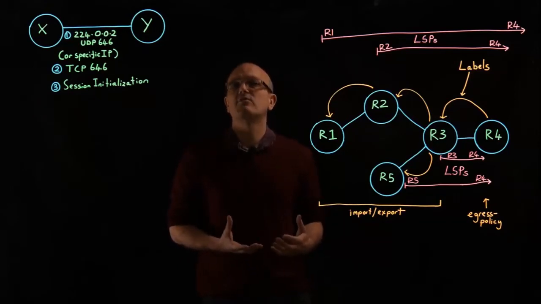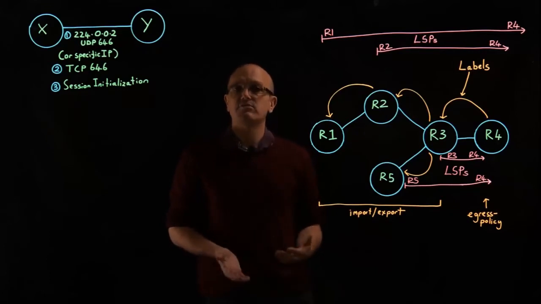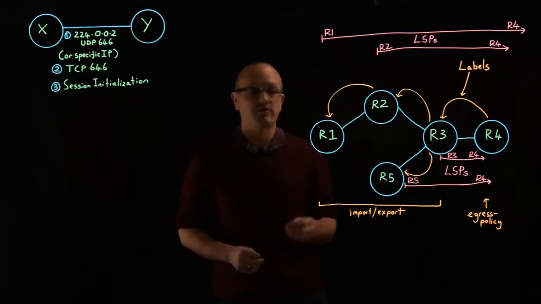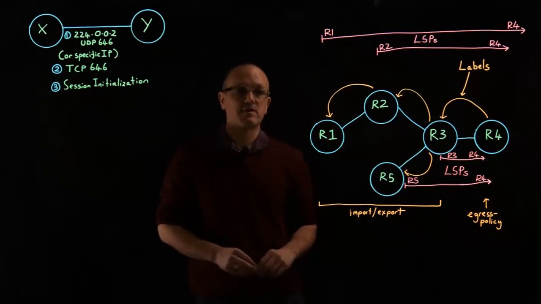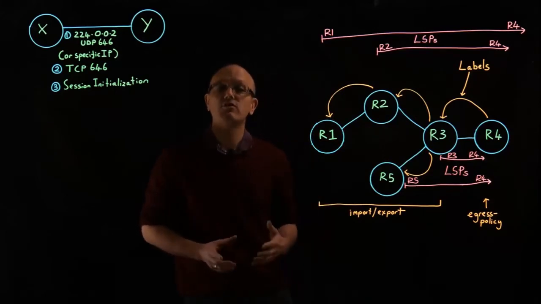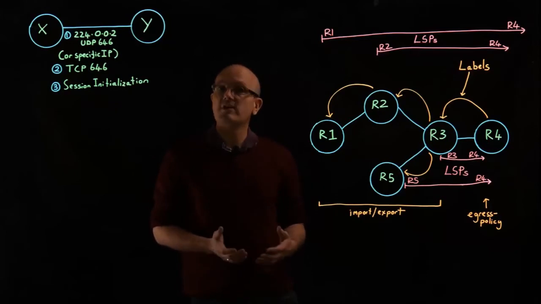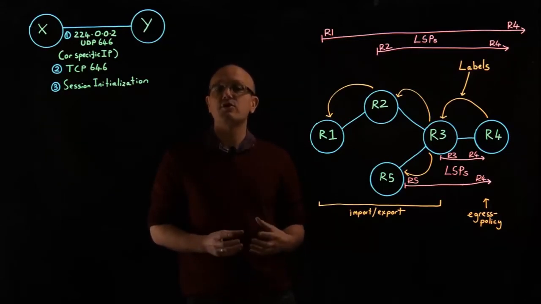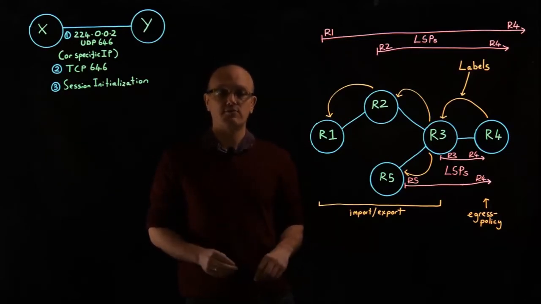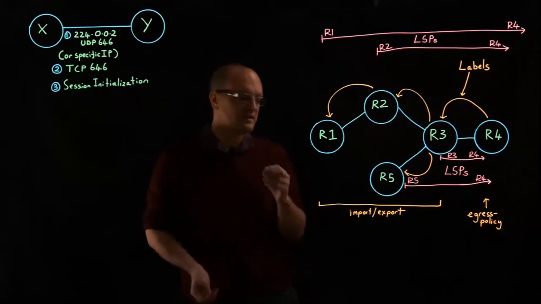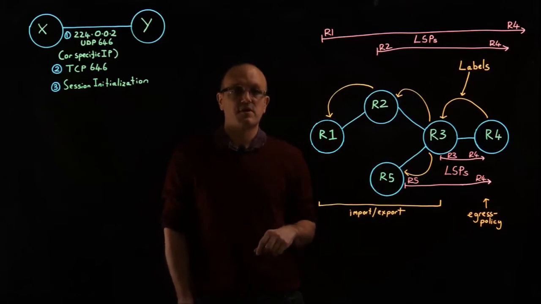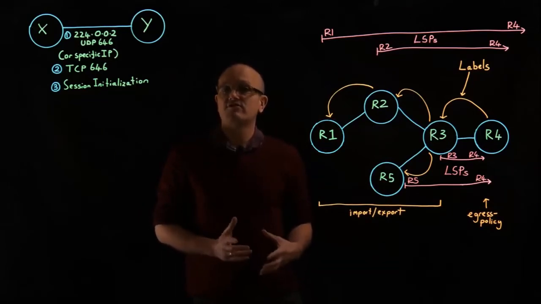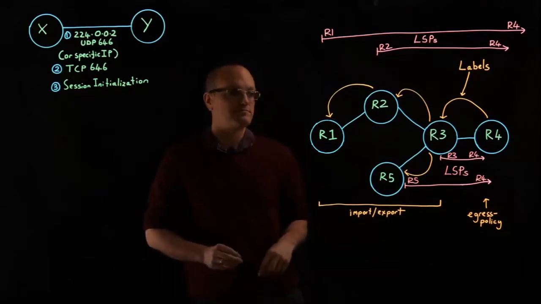So we probably don't need any other label to IP advertisement going on from our egress LSRs. However, if you wanted to advertise more label to IP bindings than just purely the loopback address alone, we can do this in LDP using egress policies. But that said, for now let's just stick to advertising one label.